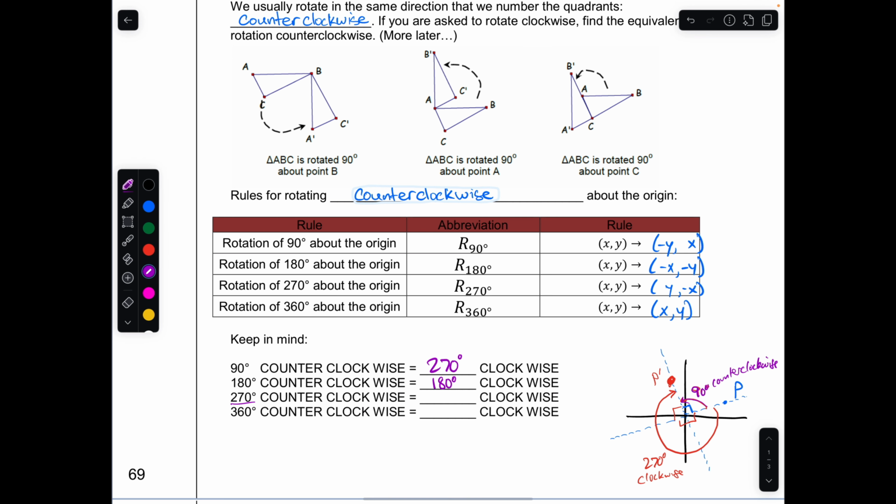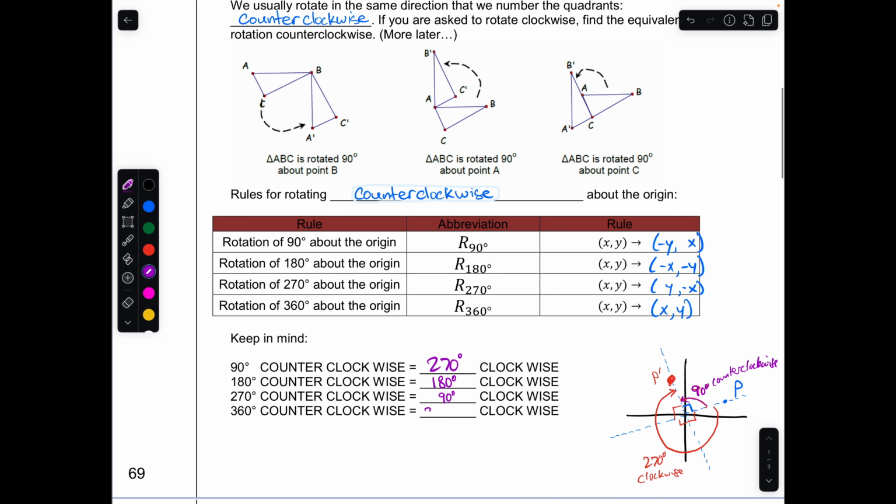If we want to rotate 270 degrees counterclockwise, that's the same as 90 degrees clockwise, because 270 and 90 add up to 360. If we want to rotate 360 degrees counterclockwise, really, it's going to stay in the same spot.